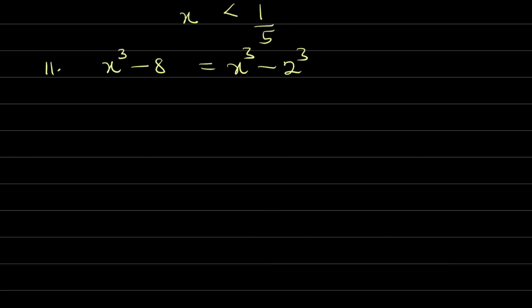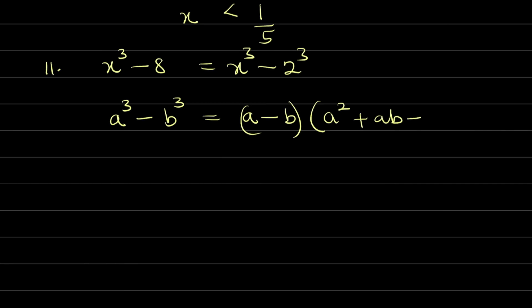And because we have an identity similar to a raised to power 3 minus b raised to power 3, which can be factorized as a minus b into a squared plus ab plus b squared, we can now substitute each of this 2 and x into our new factorized expression.